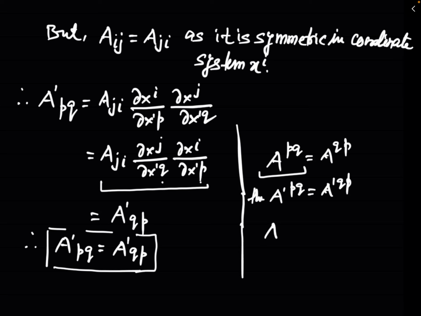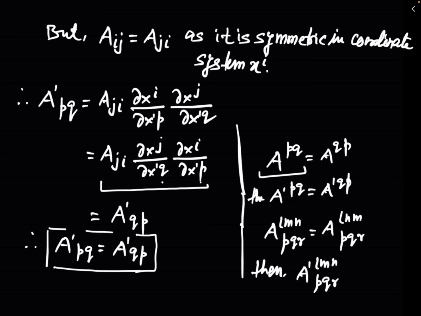And in similar manner, you can also prove that if, let us say, A LMN PQR is equal to A LNM PQR, then you can prove in the similar manner that this A prime LMN PQR will be equal to A prime LNM PQR. You can prove this.